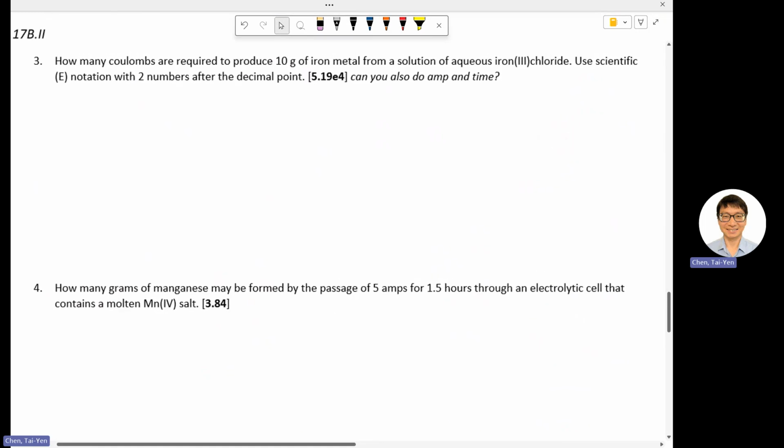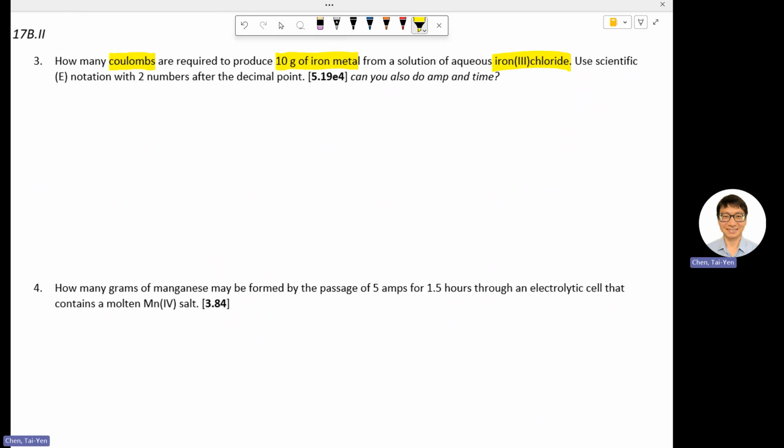The question you're going to have is something like this. It asks how many coulombs are required to produce 10 grams of iron metal from a solution of aqueous iron(III) chloride. Use scientific notation with 2 numbers after the decimal.